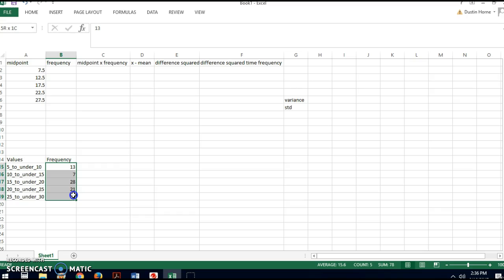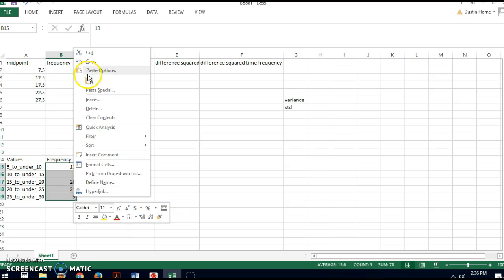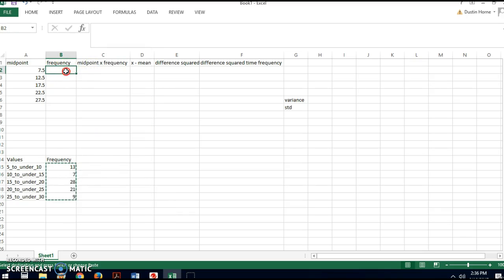So frequency, I'm going to be lazy. That's why I love Excel, because I can be lazy. I'm going to paste my frequency. So all I need to do here is make me a formula. Now if you're doing this in your calculator, you would take 7.5 and you would times it by 13 in your calculator, and you would put that answer right here. But since we have Excel, we can put our formula in.